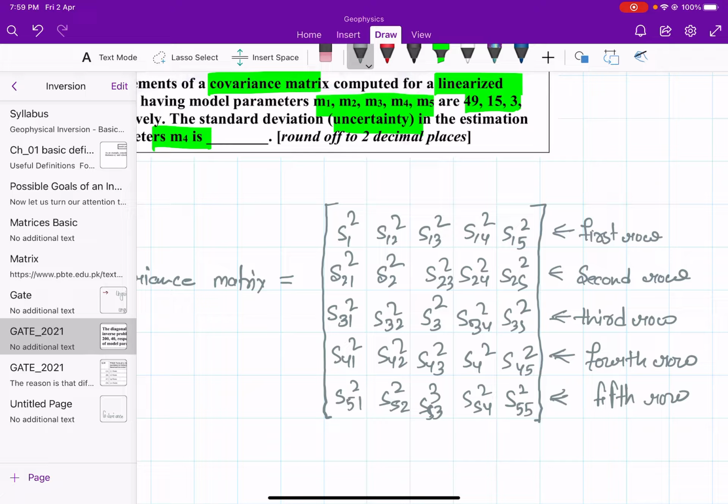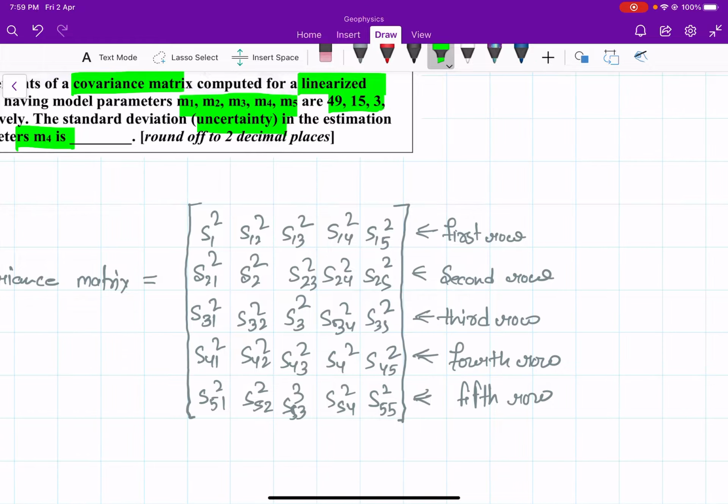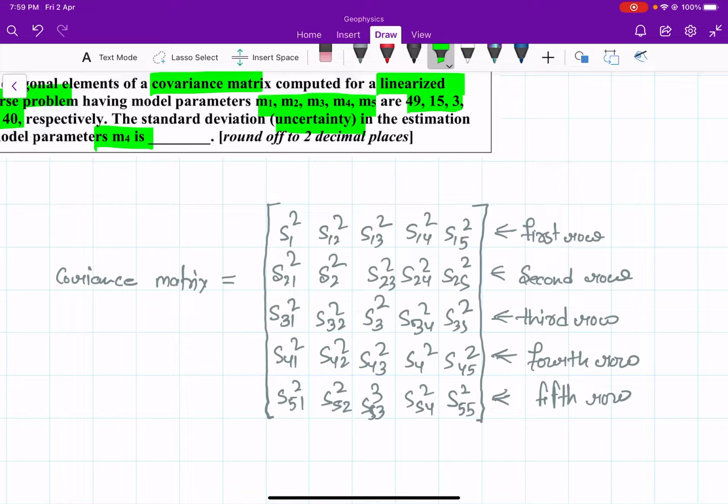Now in the covariance matrix, the diagonal elements will be the variances, and the non-diagonal elements will be covariances. If we consider s12, it is the covariance between element 1 and 2.